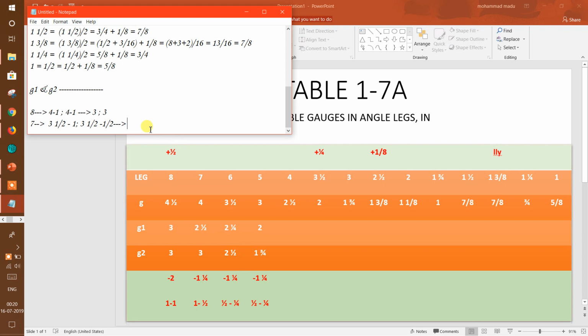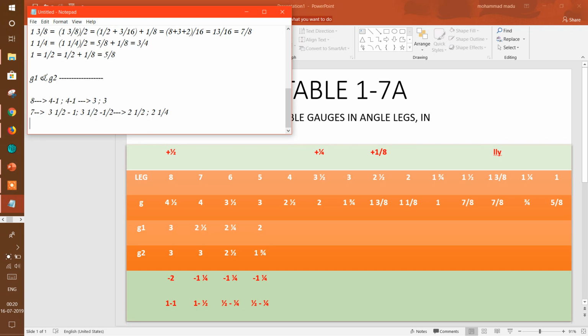This size 2. 2 1 by 2, 2 1 by 4 and 6, 1. And G2 is going to get a higher value mostly, but it's a zigzag.